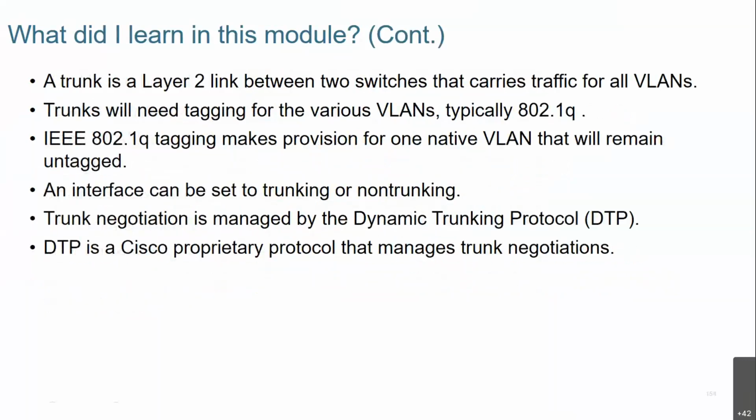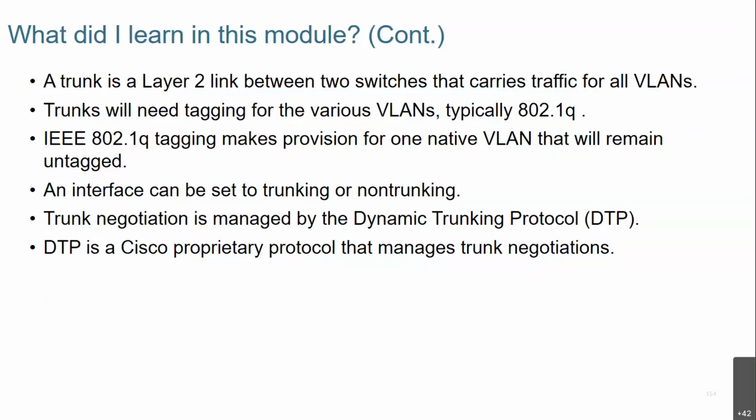A trunk is a link between two switches that carries traffic for all VLANs, and 802.1Q is the protocol used for tagging. Then we have the Dynamic Trunking Protocol, where we can set the port on the switch to be negotiable, but it is not advisable to do that.